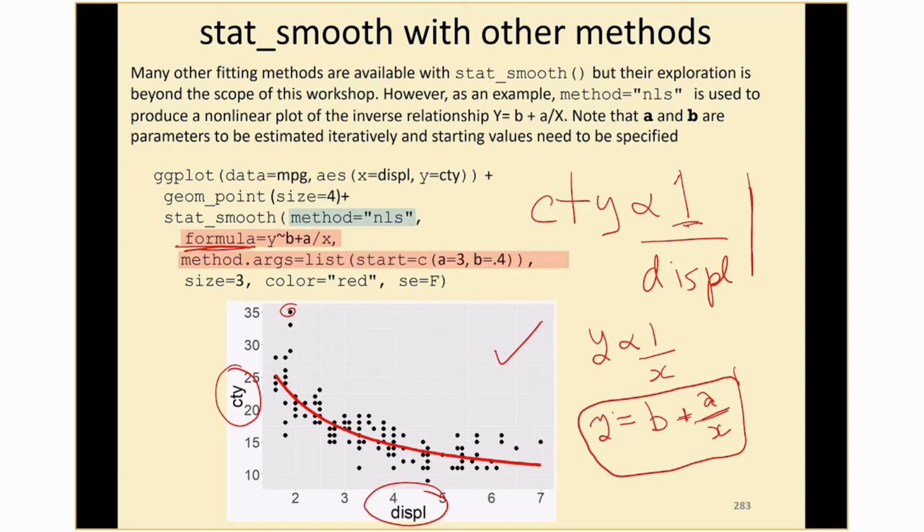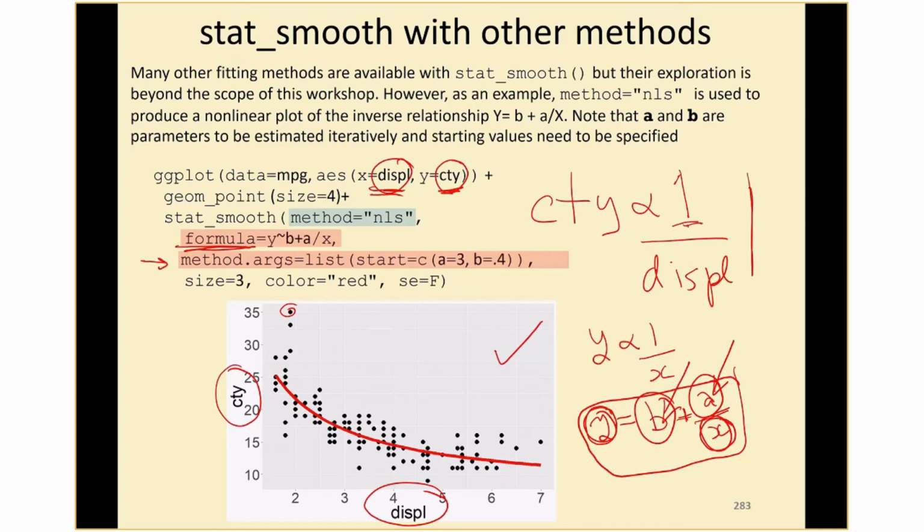And it's worthwhile thinking that y and x are city mileage and displacement, and a and b are two constants that are going to need to be estimated. So with that in mind, there's this other line here that again you can just think of as being a recipe. And the important point about this recipe is that again we think about this distinction between y and x, which we define as city mileage and displacement, and b and a that are coefficients that need to be estimated.